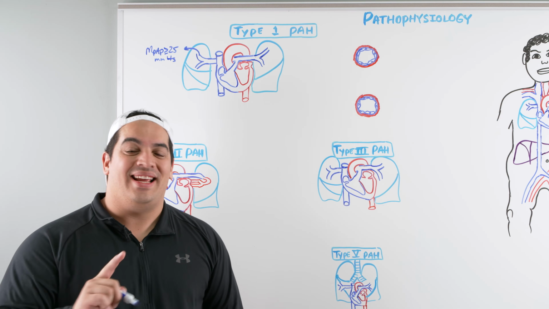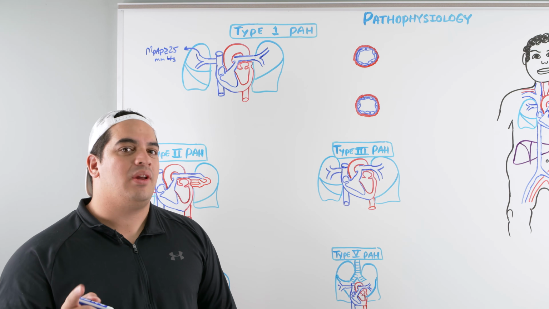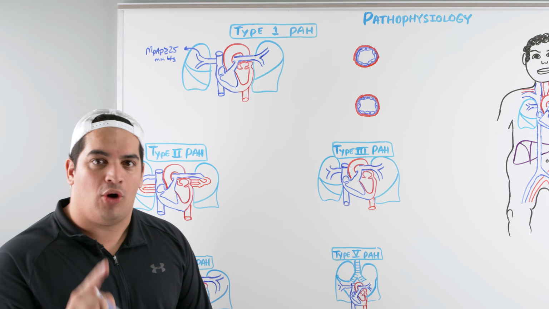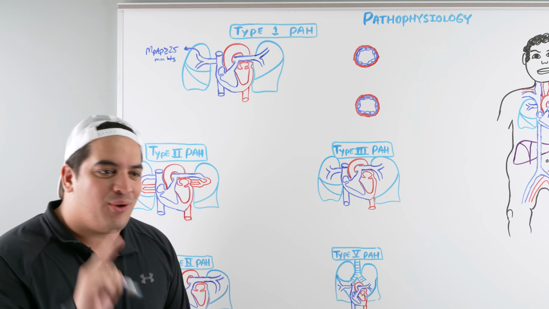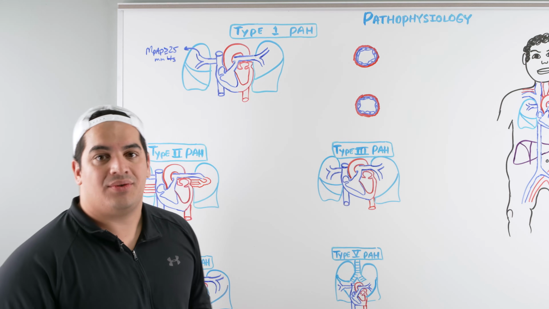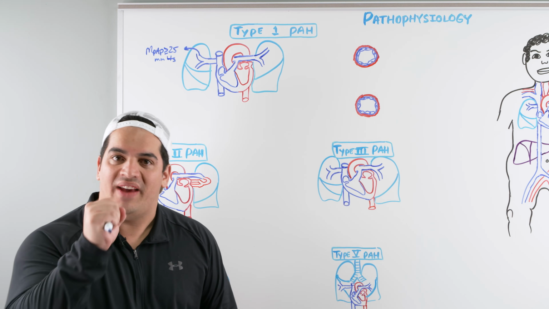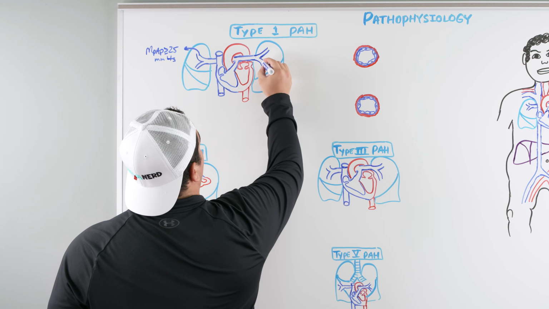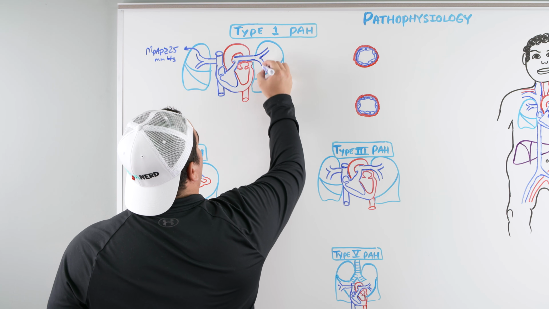Now, we have type 1. Type 1 is a really interesting one, and that's the one we're going to focus on a lot throughout this lecture. The basic concept behind type 1 pulmonary artery hypertension is that the pulmonary vessels are super vasoconstricted. The pulmonary vascular resistance is very high, because these pulmonary blood vessels are clamped down.